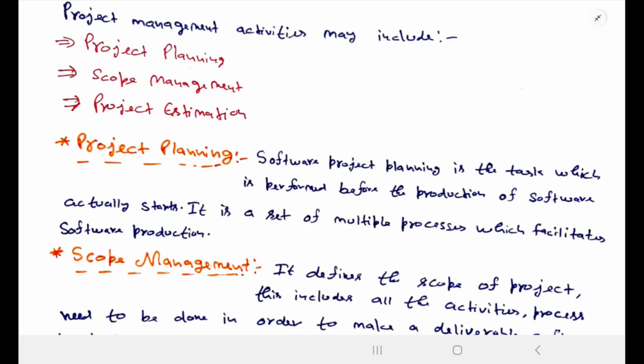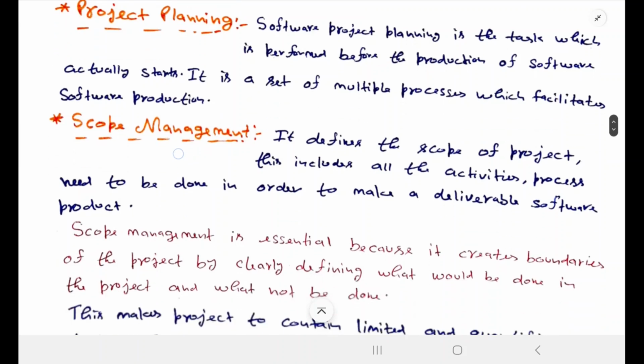The project management activities may include these. There are three main categories or aspects by which we can manage these activities, namely project planning, scope management, and project estimation.